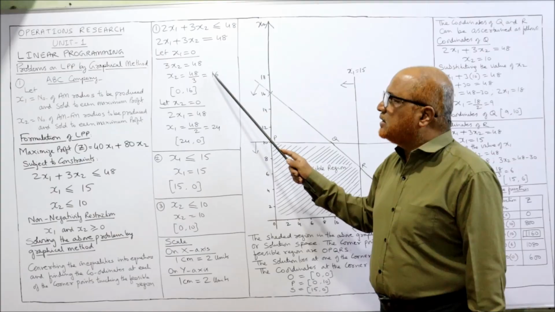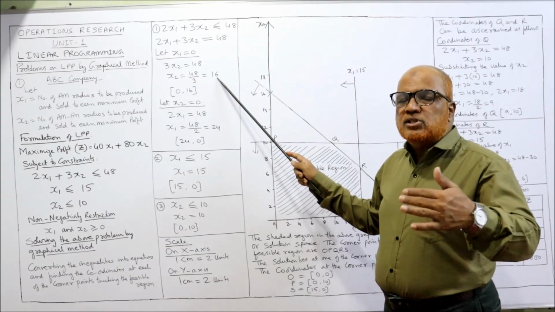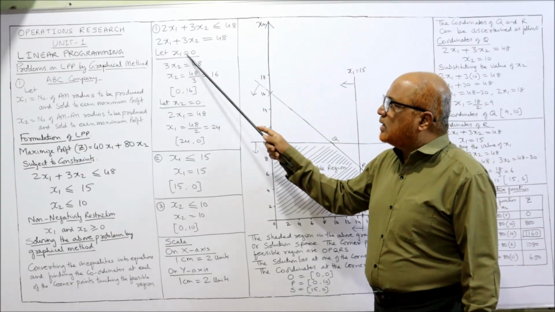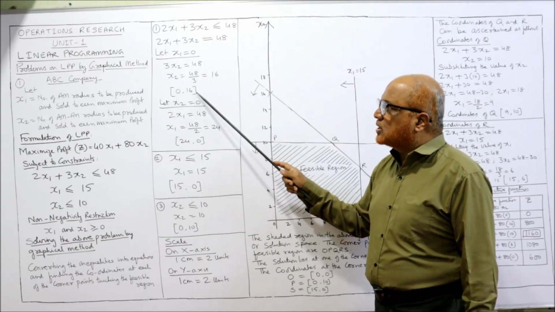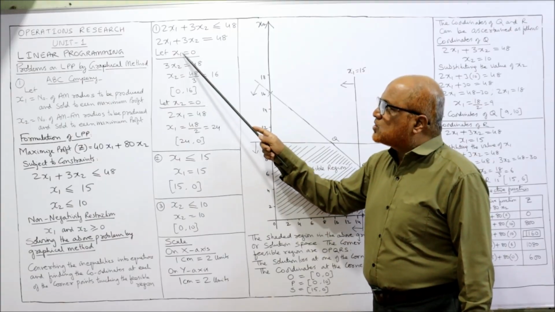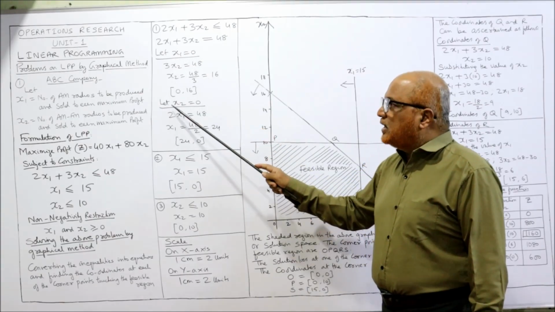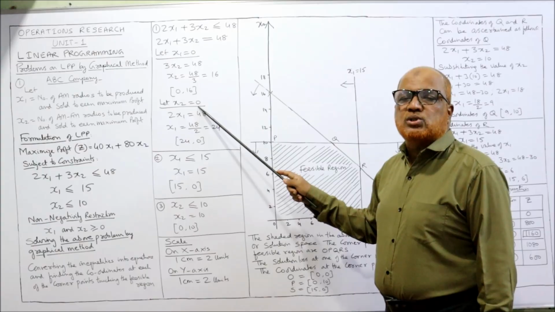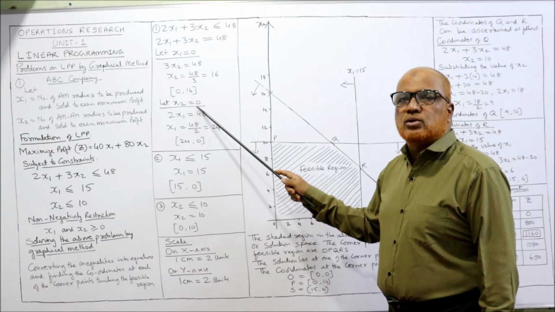X2 is equal to 48 by 3, 16. That means the coordinates are, if X1 is equal to 0, X2 is equal to 16. These are the coordinates when we take X1 is equal to 0. Now we take X2 is equal to 0. Suppose, let X2 is equal to 0.